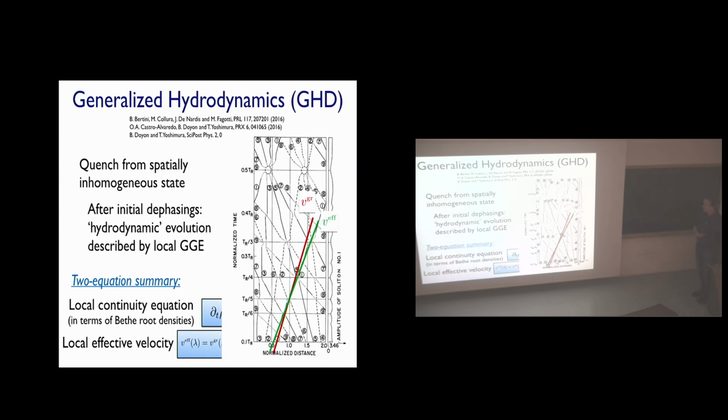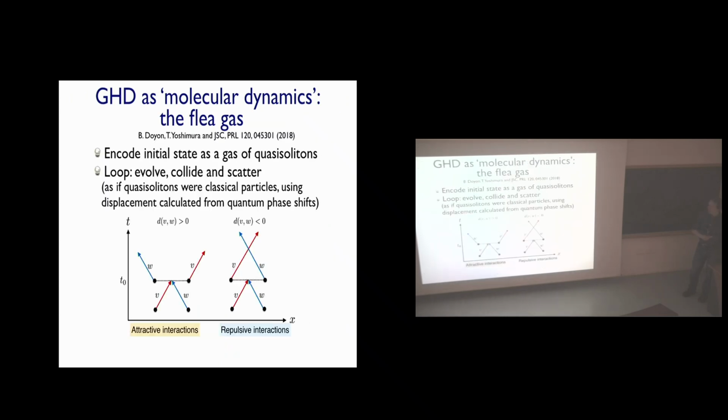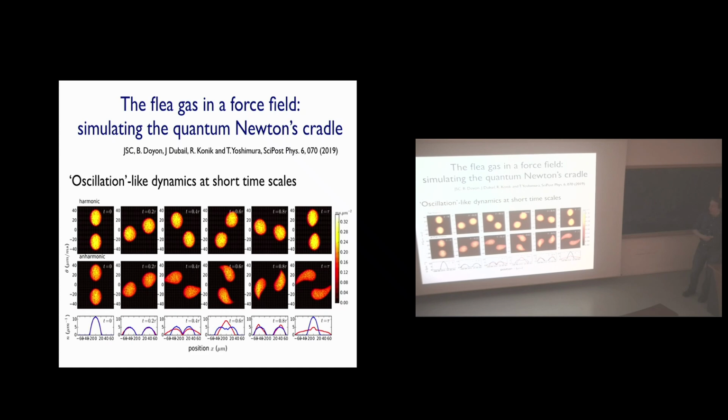If other solitons are present, it gets an effective transformed velocity due to the scatterings with the others. And that's it. So now, under GHD, time evolution becomes a classical thing, and you can play lots of games here.